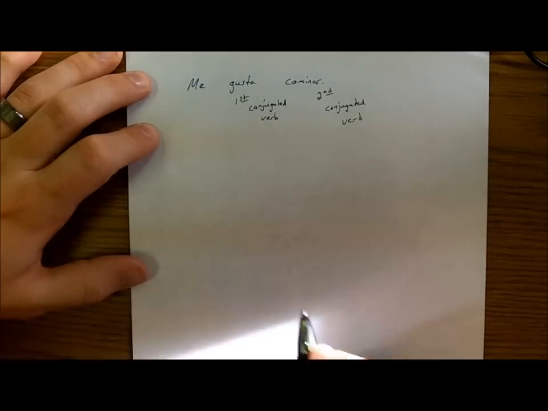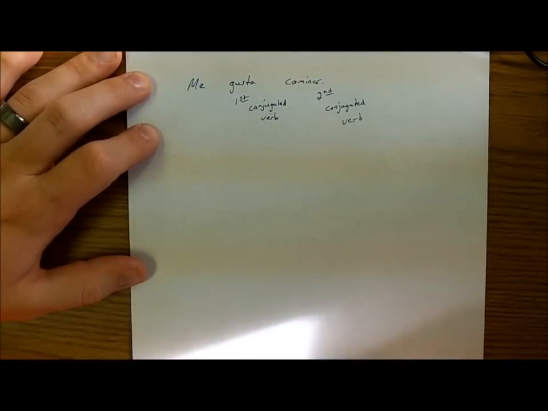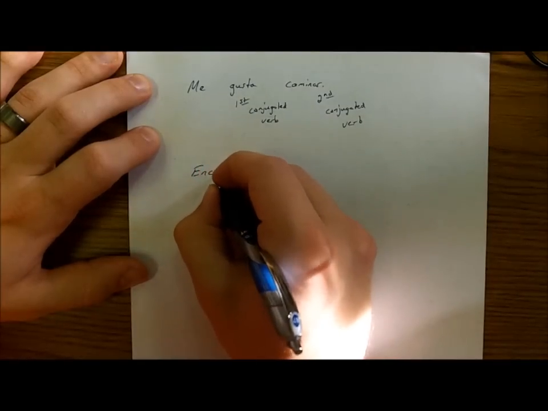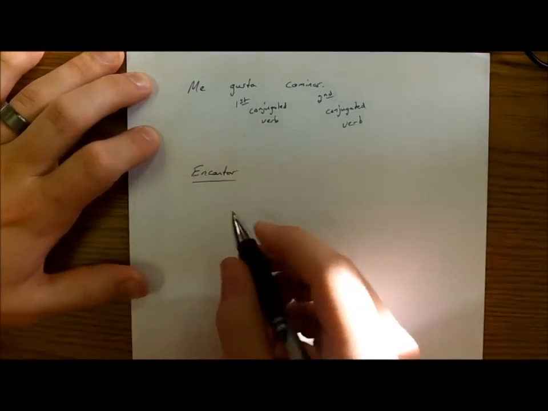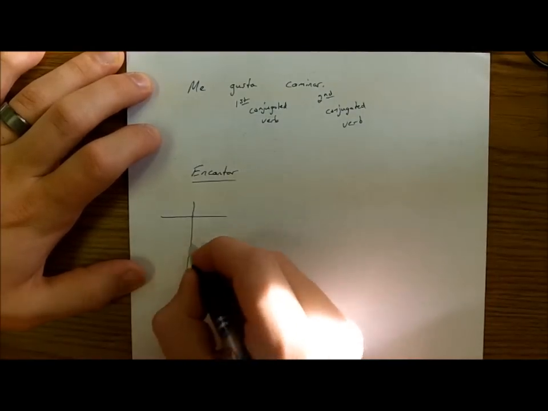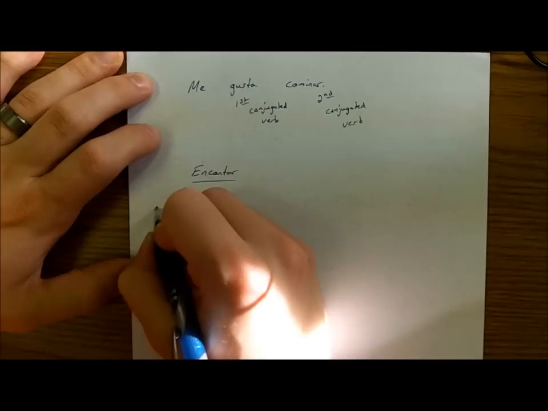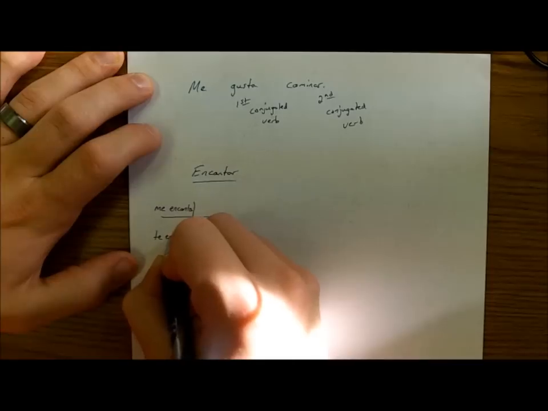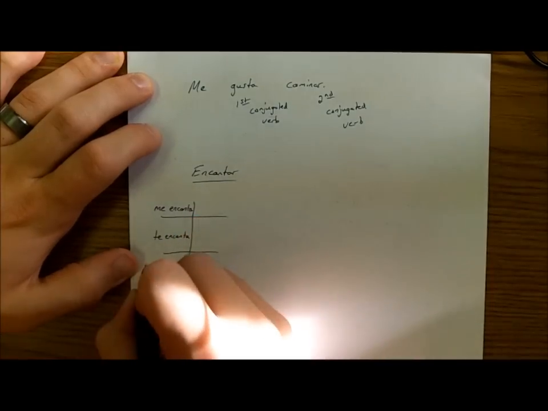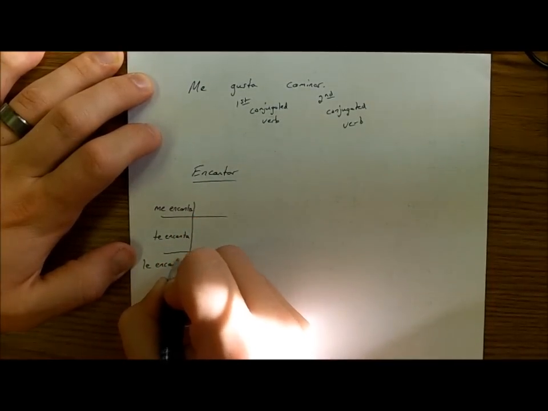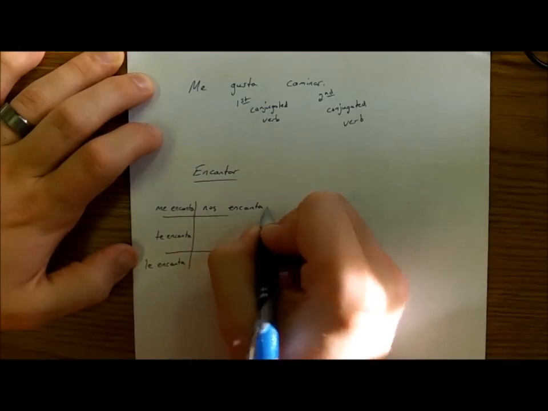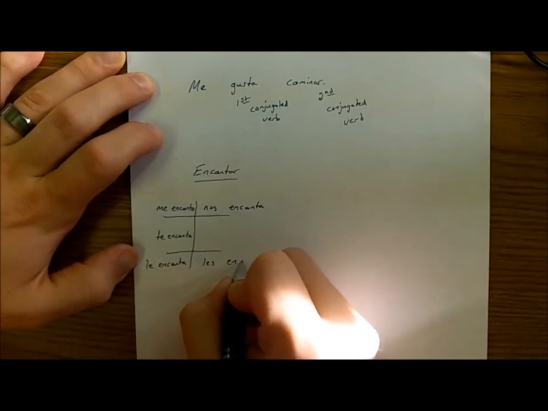So, another verb I want to talk about that's very similar and follows the same principles as gustar is the verb encantar. So, just like gustar, we have me encanta, te encanta, le encanta, nos encanta, les encanta.